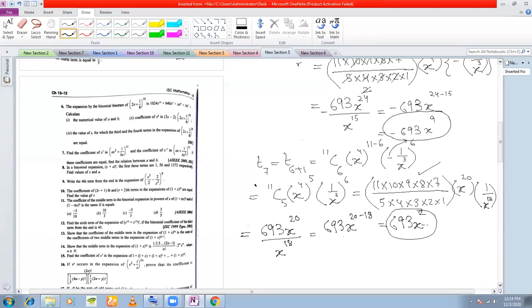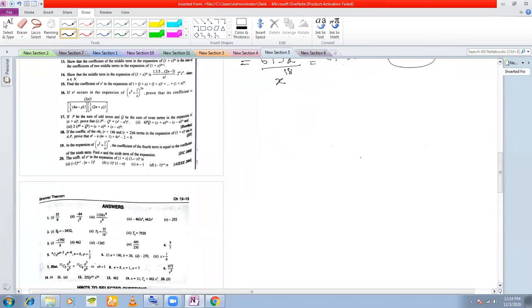Okay, so this is one type of question that you will get. Find the middle term from this chapter. Another type of question that you get from this chapter is, say, find the term independent of a term. Let us take an example.